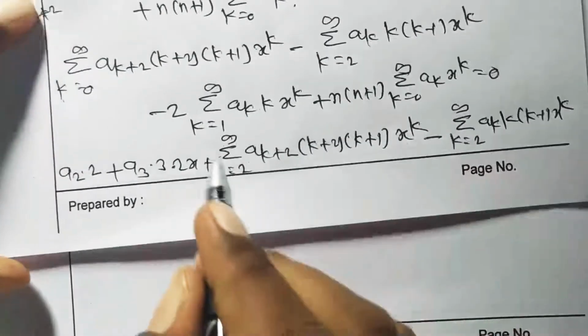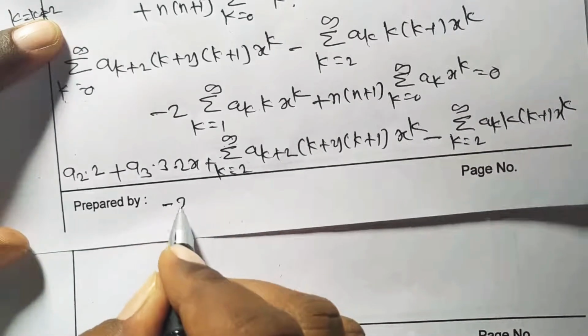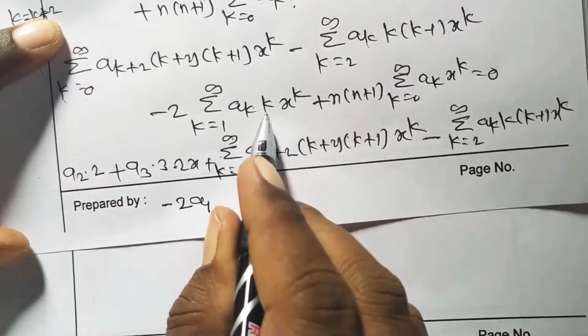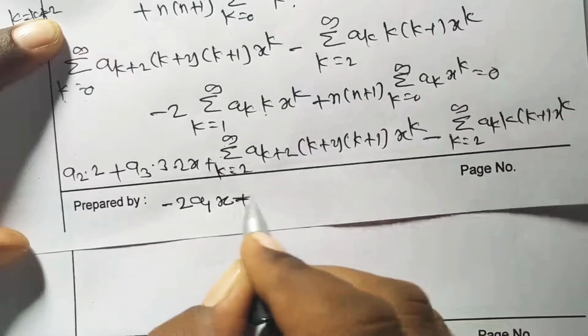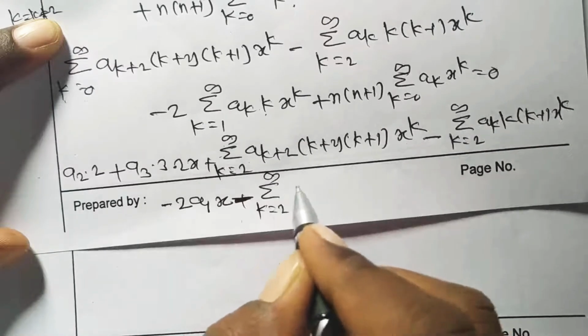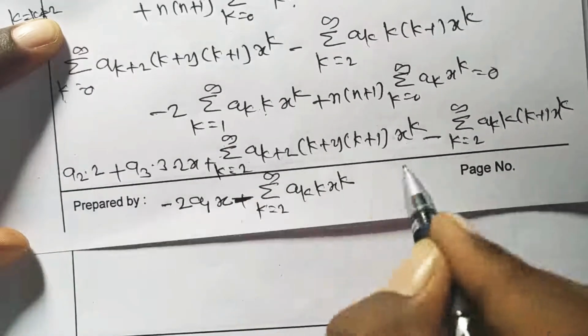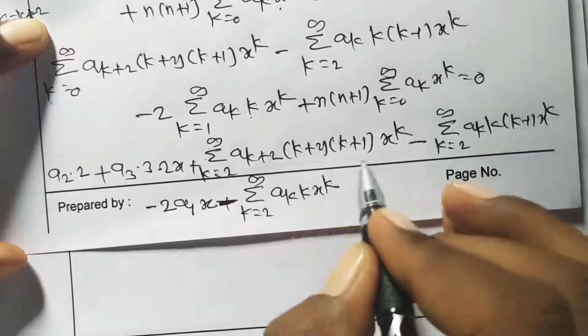Then next one is here, k starts from 1, so expand this series for k equal to 1, so minus 2 into a1 into x, okay, and minus summation of k starts from now 2 to infinity a_k x to the power k as it is, and we have to expand this series for n equal to 0 and n equal to 1 again.